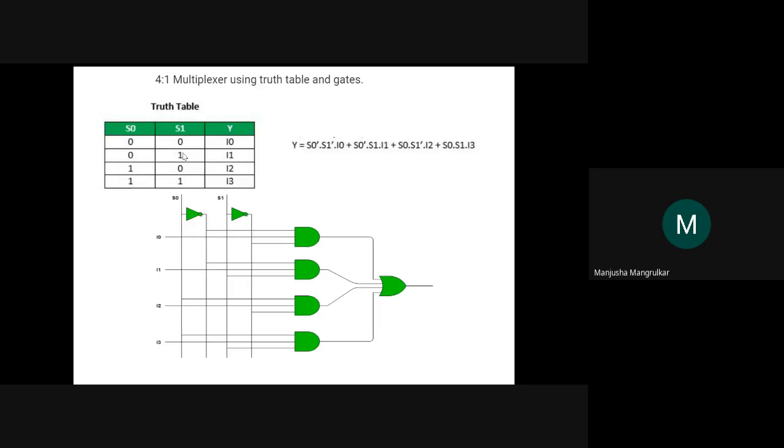Then S0 bar S1 with I1, S0 S1 bar with I2, S0 S1 with I3, right? So these are the inputs I0, I1, I2 and I3. These are the input signals 0, 1, 2, 3.